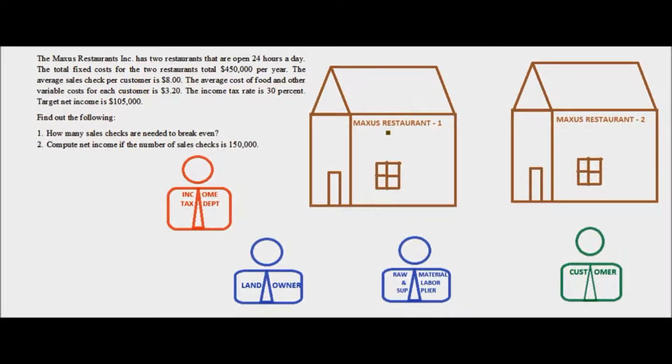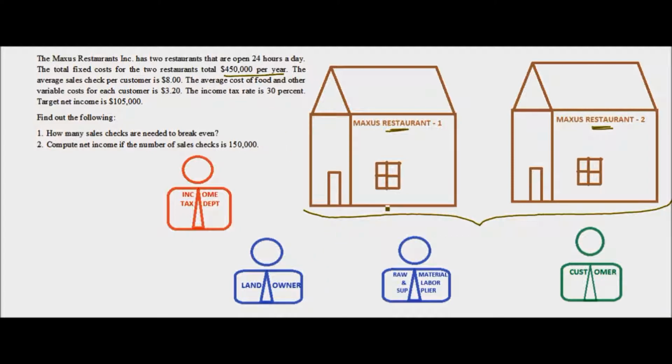So let's say these two are the restaurants owned by Maxus Restaurants Incorporated. Now the total fixed cost for the two restaurants total $450,000 per year. So combined, both of these have a fixed cost of $450,000 per year.